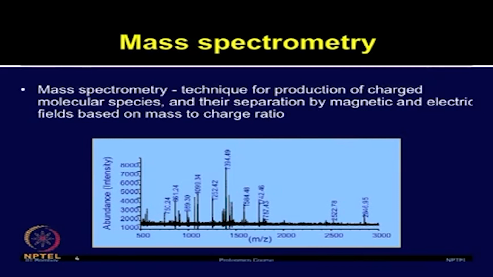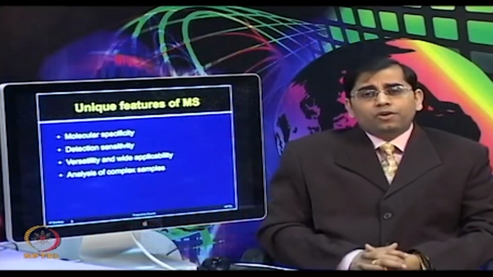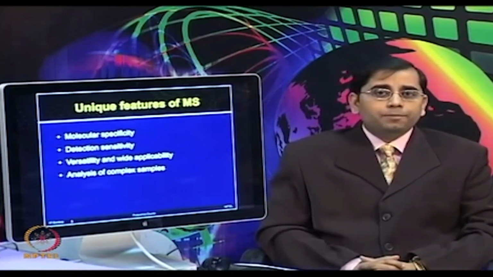So, by definition, this is a technique for production of charged molecular species in vacuum and their separation by magnetic and electrical fields based on mass to charge ratio. You can see the MS spectrum shown in the slide, m/z, and intensity or abundance plotted on the y axis.